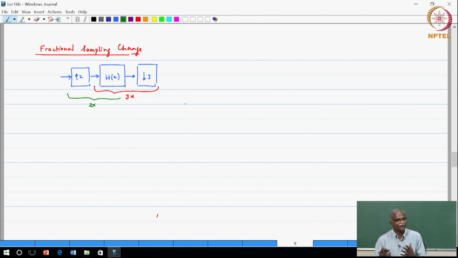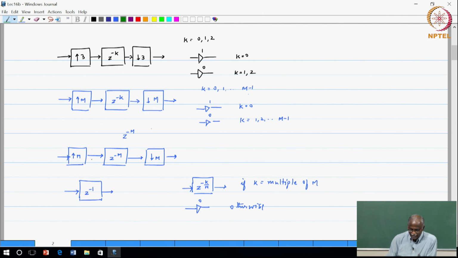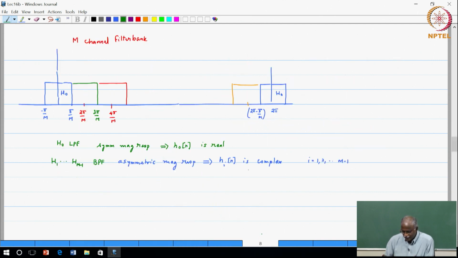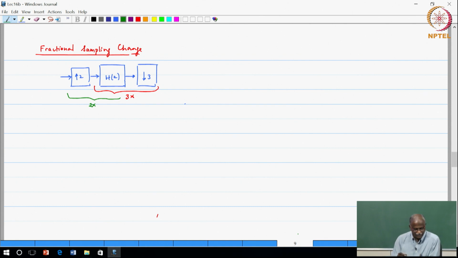Why not ask the question, can you give me a structure that does 6x? This is a classic problem, and you will say, well, just now we spent a lot of time on this: remember the delays, once these delays are present, you cannot shift the polyphase component, the downsampler and upsampler up.